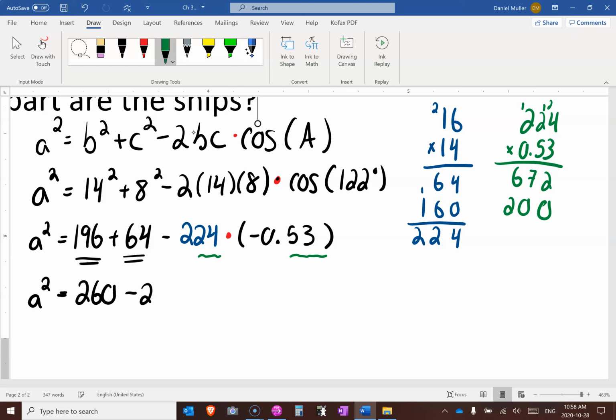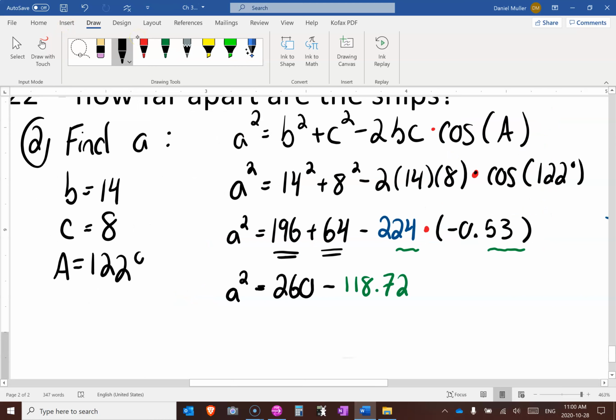Another 10 plus the 1 is 11. So I get 11872 with 2 decimal places, so that is 118.72.